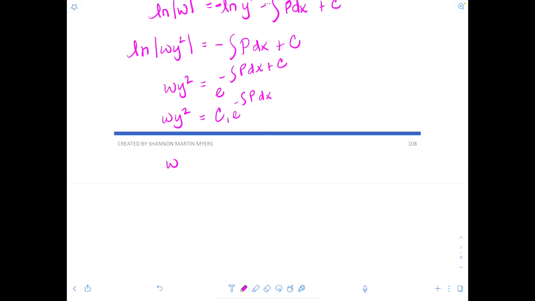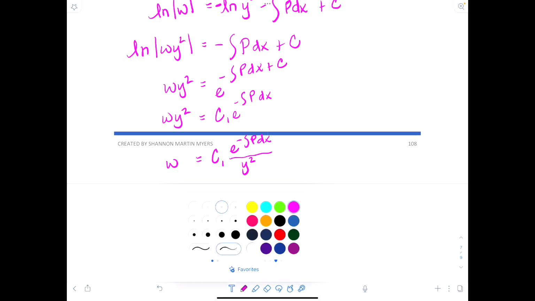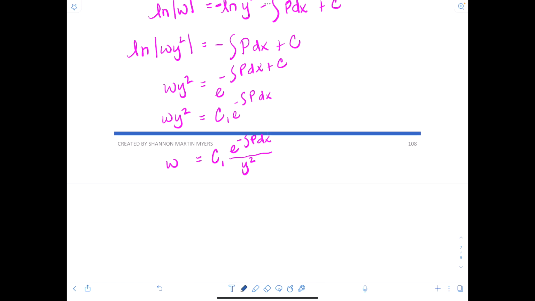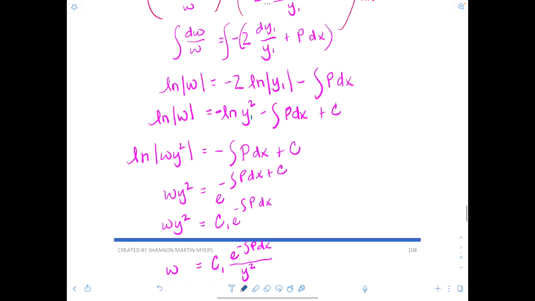So we do have w is equal to c1 times e to the negative integral p dx over y1 squared. But now, going back to w being equal to u prime, we'll have c1 e to the negative integral p dx over y1 squared. And I think I lost my y1. My apologies. These should be y1s.